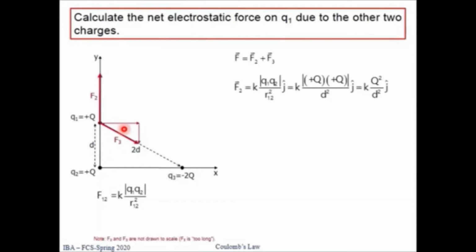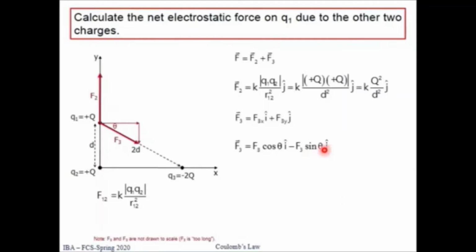So in order to find F3, we first write F3 in its components. As I mentioned here, F3 has two components. One is a horizontal component, or x component, and F3y is a vertical component. Let me substitute the component form. F3 is equal to F3 cos theta i, where i is the horizontal unit vector, minus F3 sin theta j.